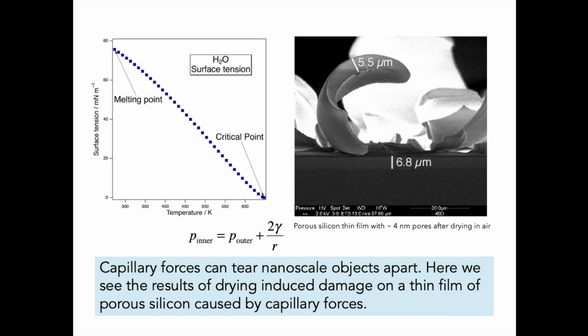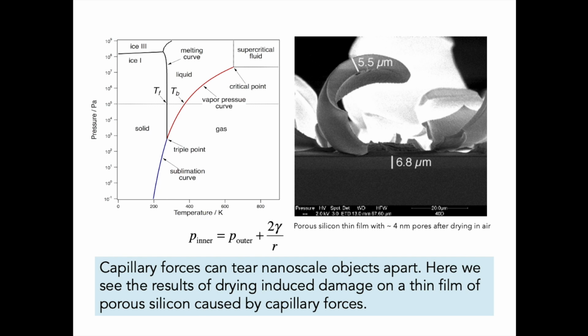So how might we be able to do that? The strategy is the following. If we had pores that were filled with water, or some other fluid, then we increase the pressure before increasing the temperature. Eventually we could reach the supercritical fluid where the surface tension goes to zero.